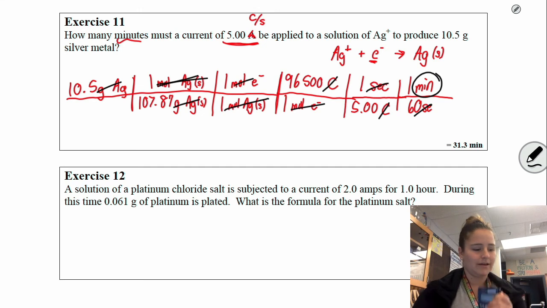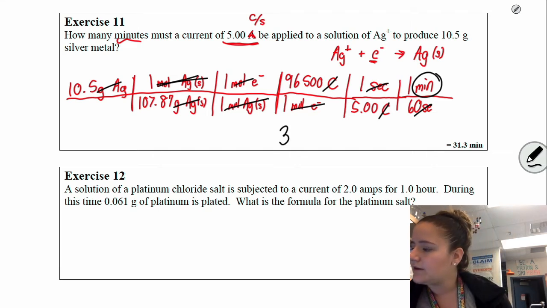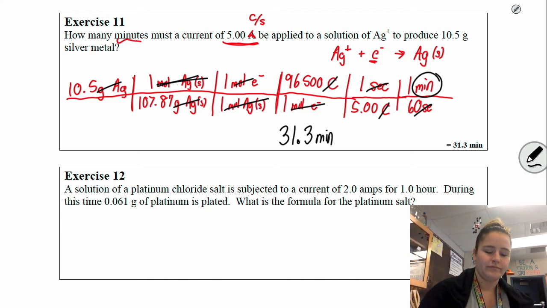I grab my calculator and plug it all in: 10.5 times 96,500 divided by, put all the bottom in parentheses, 107.87 times 5 times 60. And I get 31.3 minutes. Okay, cool.